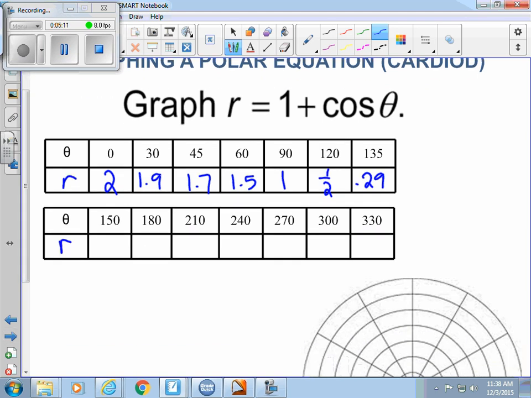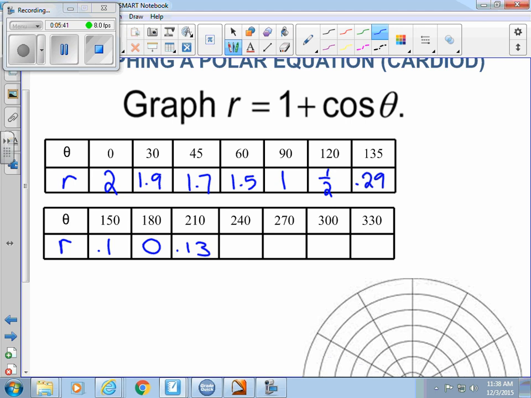Okay, here we go for 150. 180 is 0. 210 decimal. 240 is not a decimal.